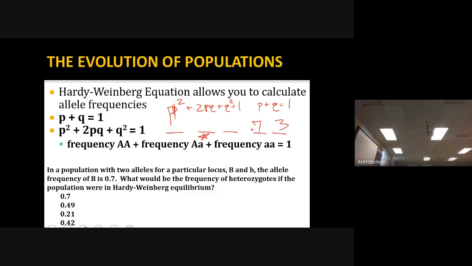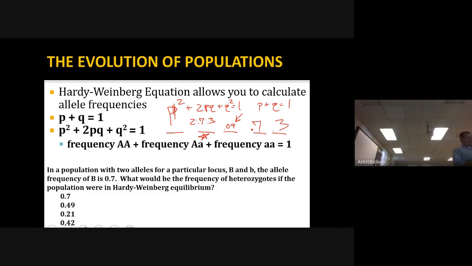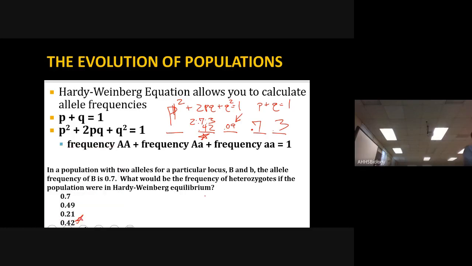Maybe I was going to solve for Q squared, and that would be 0.3 times 0.3, which is 0.09. But I don't care about that. All I have to do is 2 times 0.7 times 0.3. I have no idea what that is. 0.42. I'm going to trust you on that one. Actually, no, you're right, because it's right there on the answer sheet. So there it is.